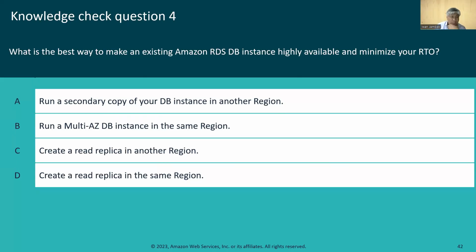What is the best way to make an existing Amazon RDS DB instance highly available and minimize your RTO? So we have to minimize RTO, and the objective is to have high availability.